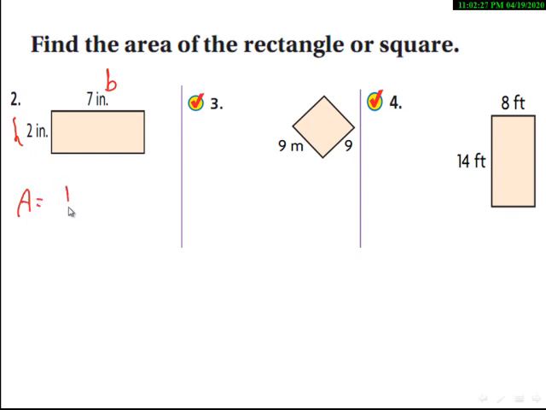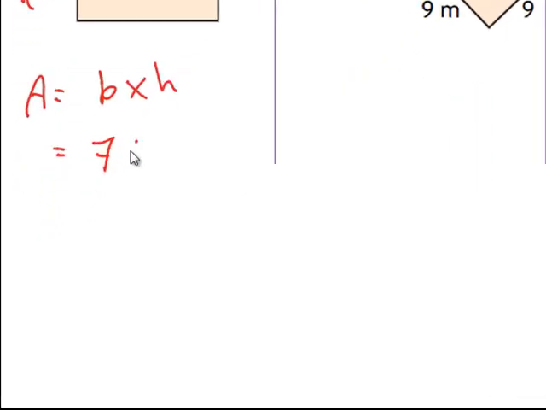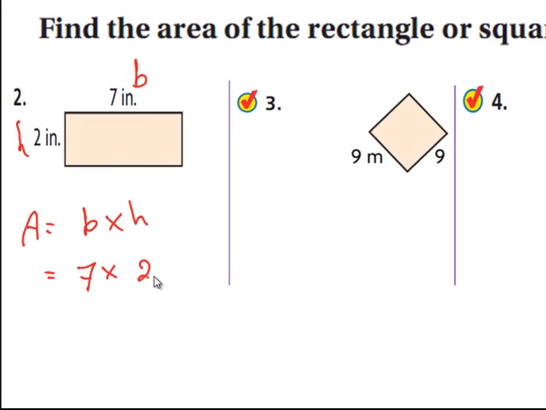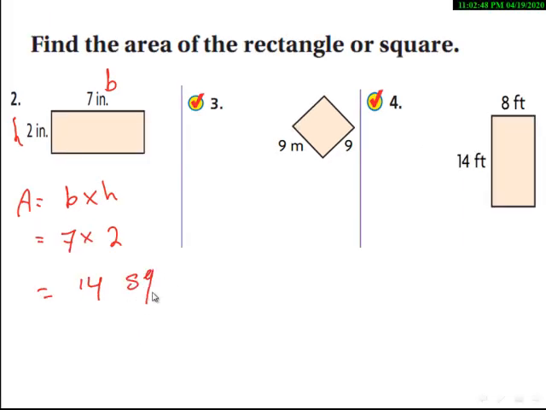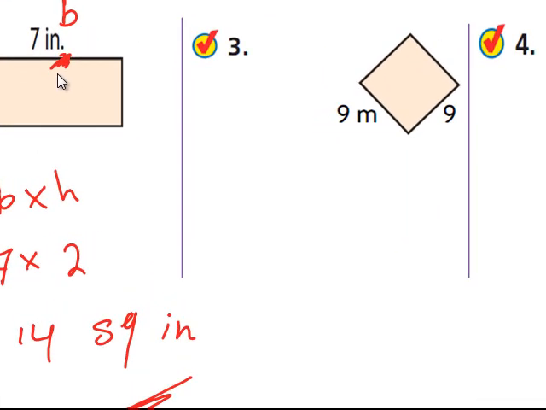Area equals what? Base times height. So base equals 7 and height equals 2. 7 multiplied 2. Excellent. 14. 14 what? Square inches, according to my unit.